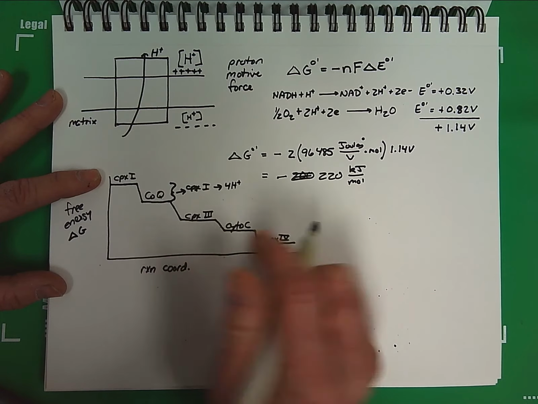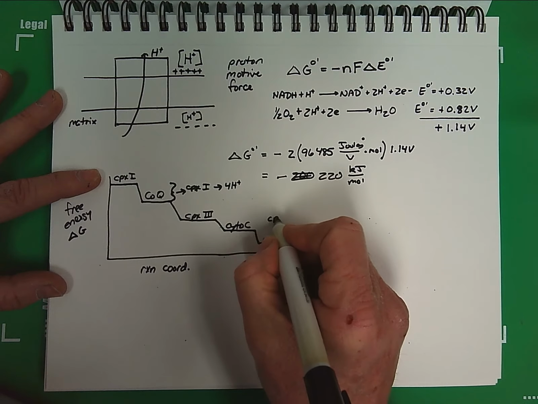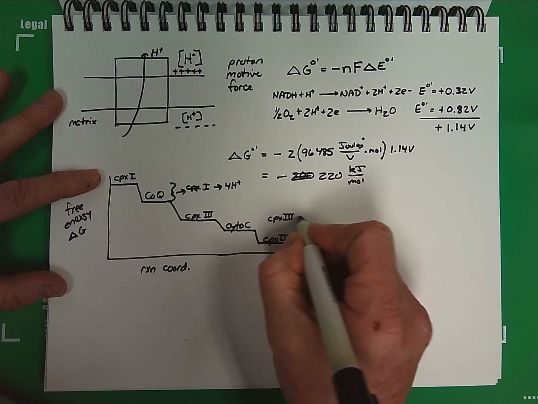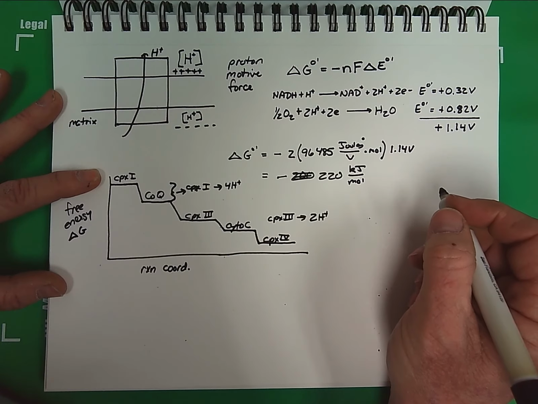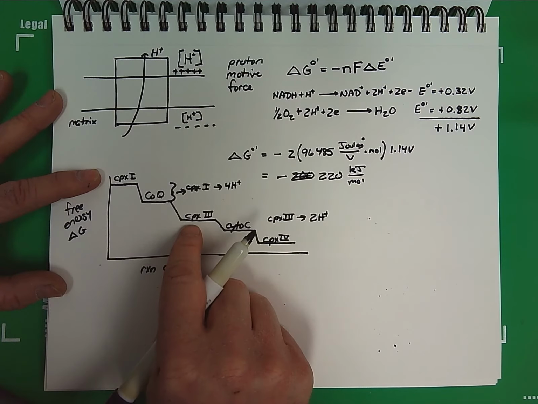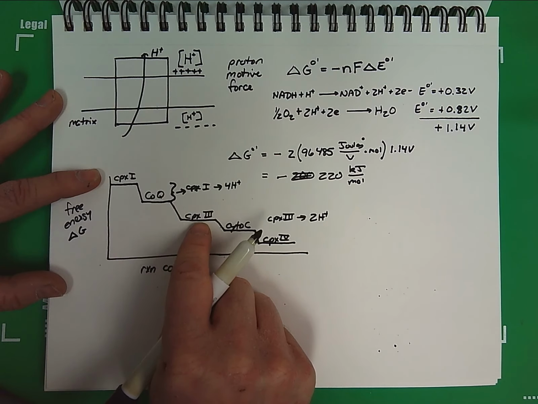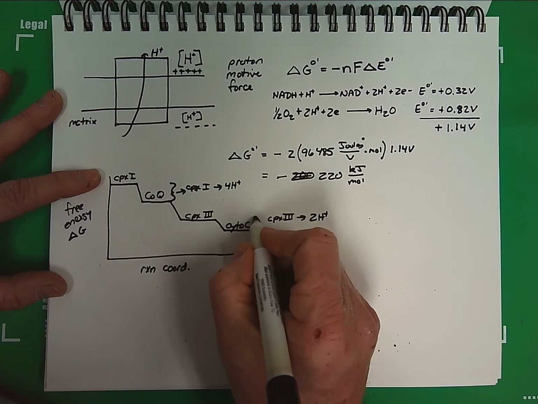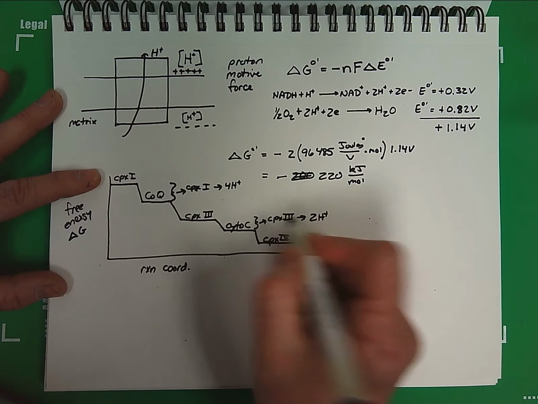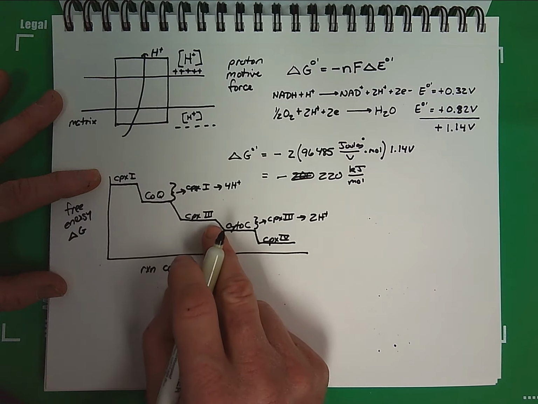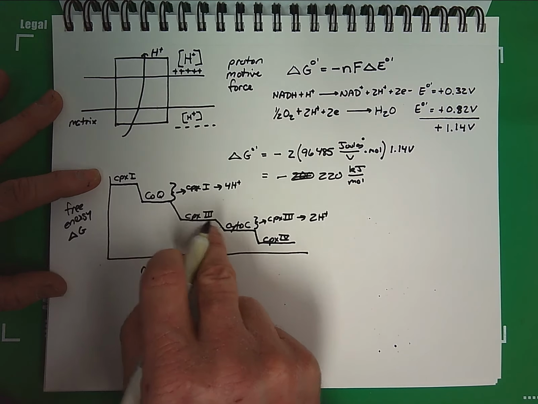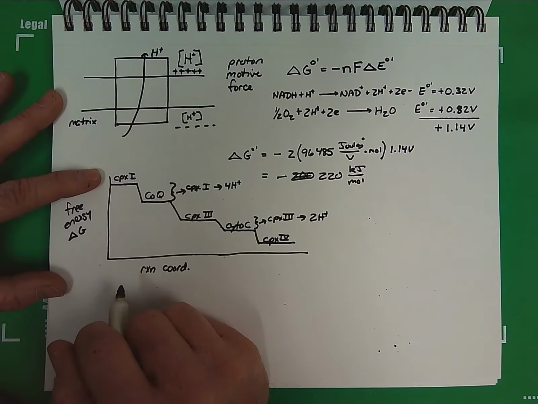What about complex 3? Well, we saw complex 3 pumps 2 protons. Where does it get the energy from? Notice the change in free energy is negative between complex 3 and cytochrome C. This negative free energy change, exothermic reaction, is harnessed by complex 3 to pump those 2 protons.